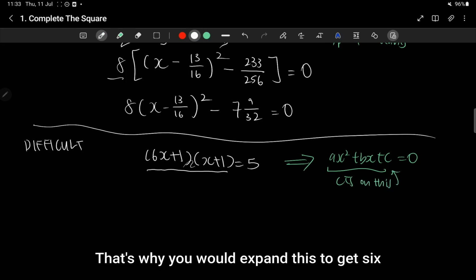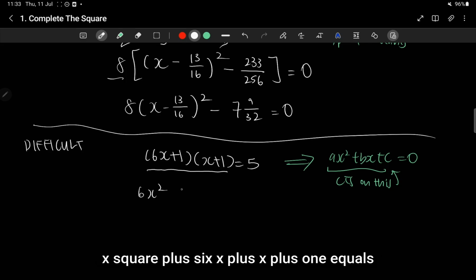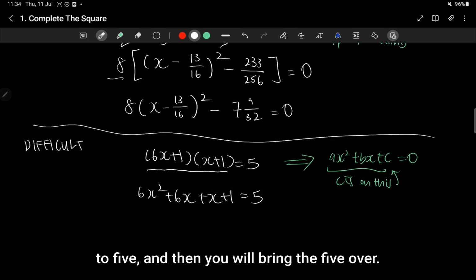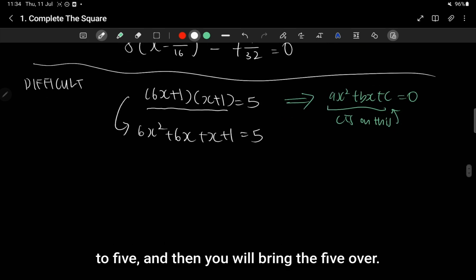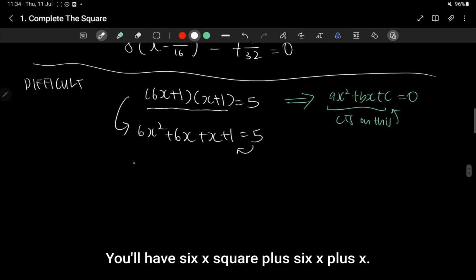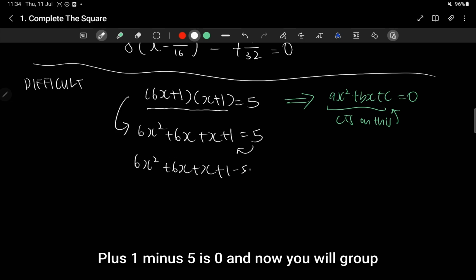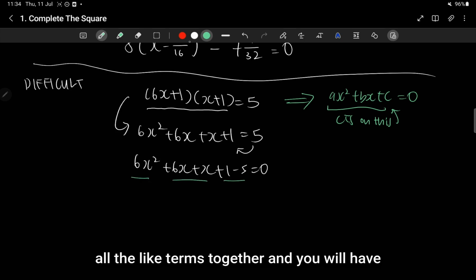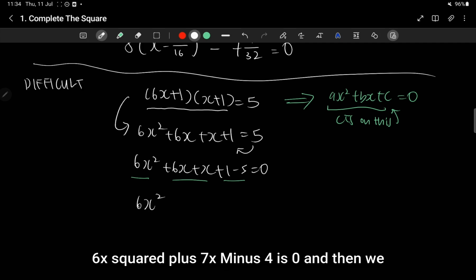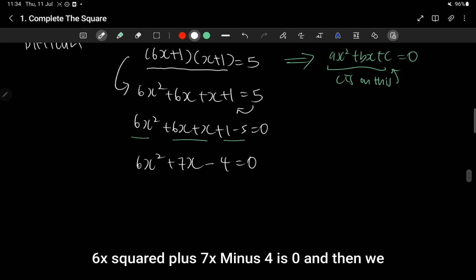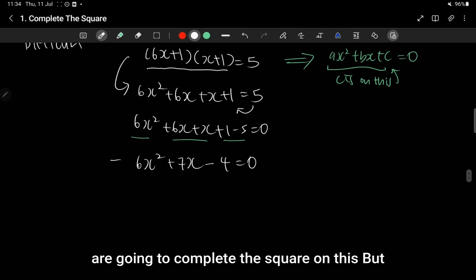That's why you would expand this to get 6x squared plus 6x plus x plus 1 equals 5. And then you will bring the 5 over. You will have 6x squared plus 6x plus x plus 1 minus 5 is 0. And now you will group all the like terms together and you will have 6x squared plus 7x minus 4 is 0.